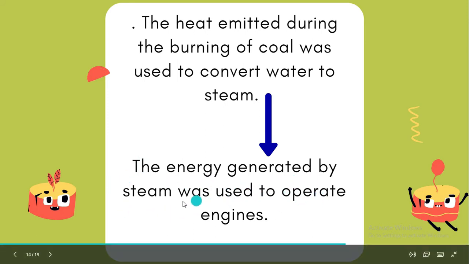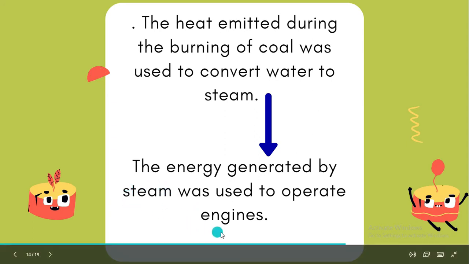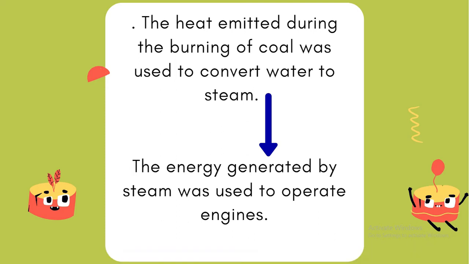The energy generated by steam was used to operate engines. That means this energy in the steam can be used to rotate turbines. That is trains. In all trains, train engines, railway engines work by using this steam.